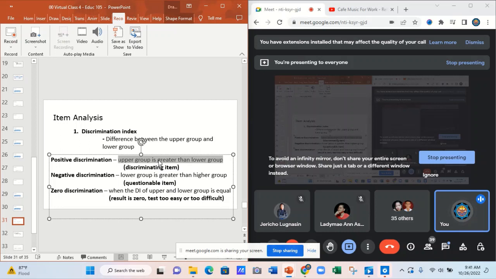So we go back to the assumption that the upper group members are the only ones entitled to get a correct answer. Remember, the assumption is only the upper group members are allowed to answer the item correctly. So therefore, going back to the question, this therefore makes sense. This therefore discriminates, or it is a discriminating item pag positive discrimination siya.